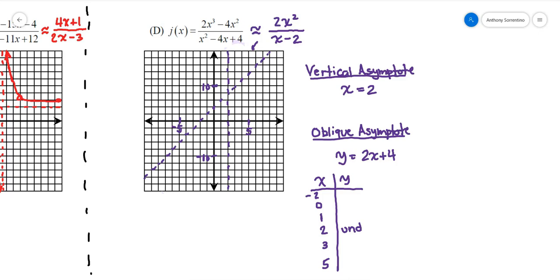If I put that in, I'm going to have 8 over negative 4, which is negative 2. So I'm going to plot these points, and that's what that graph would look like.